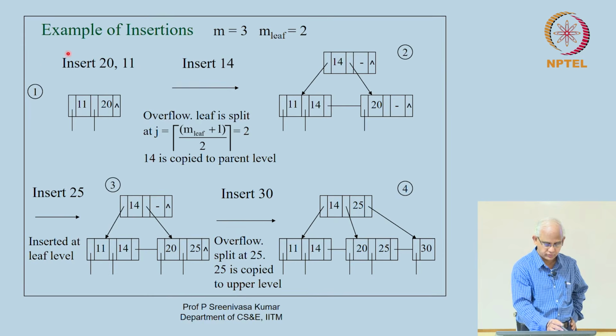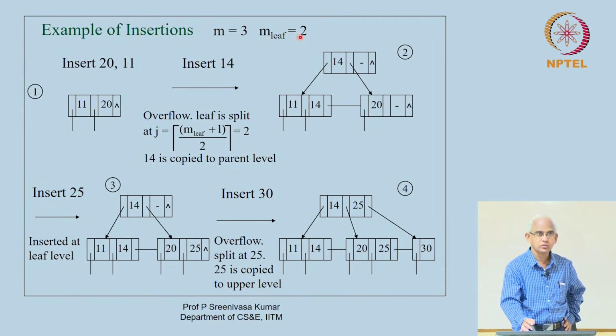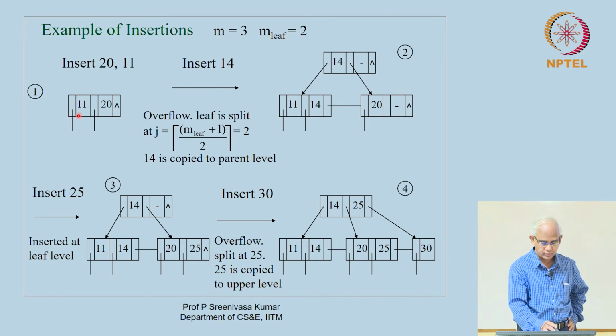We start off with an empty structure and then we try to insert 20 and 11 into that. Remember that m is 3 and m leaf is 2. That means we can only have 2 record pointers. So if there are just 2 records, then you have just 1 leaf.